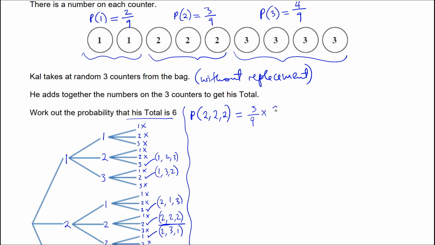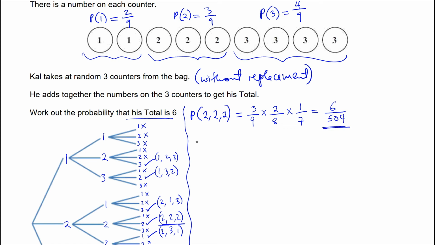So you'll end up with 2 counters, and the total reduces by 1, so 8. And then after the second selection, the number of 2s will just be 1, and the total will be 7. If you multiply this out, the numerator will be 6, and the denominator will be 504.